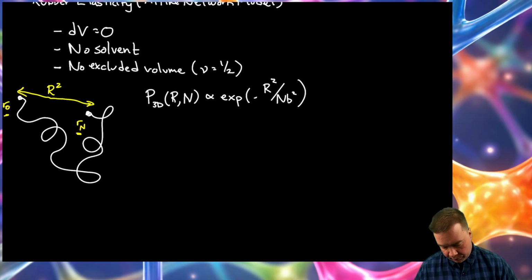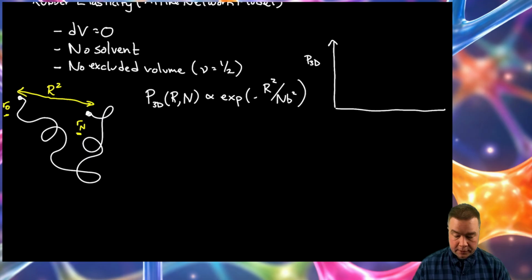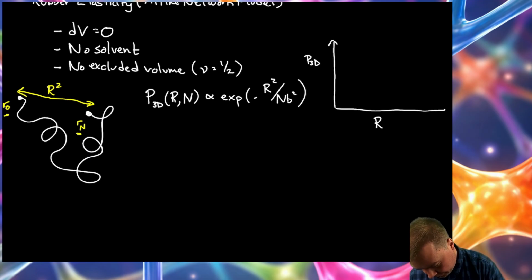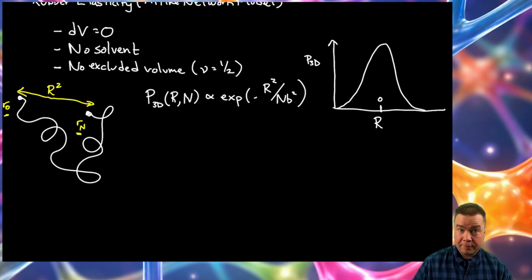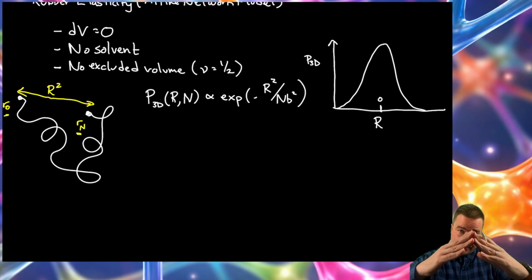And if you remember, if we were to plot that function, this probability, P3D, versus R, if this is 0, then we get a shape kind of like that. And as we increase n, then that shape kind of squats down and spreads out a little bit.